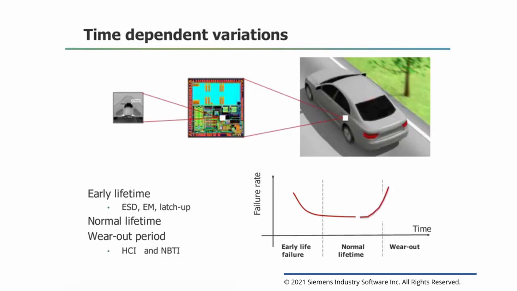At smaller geometries, early wear-out effects are mainly caused by negative bias temperature instability and hot carrier injection. We will further use the abbreviations HCI and NBTI to refer to these two physical phenomena. Both effects induce interface changes in gate oxide, increase the threshold voltage, and reduce mobility.